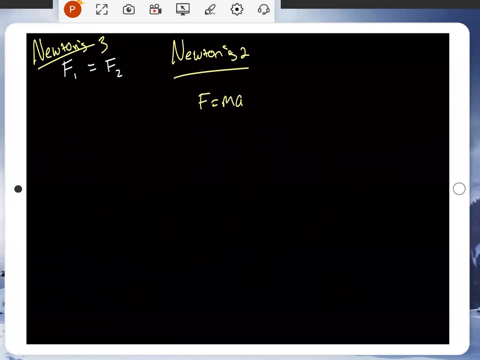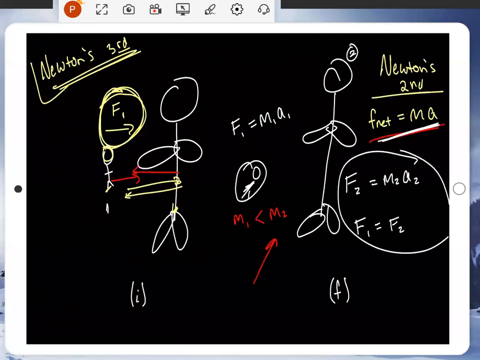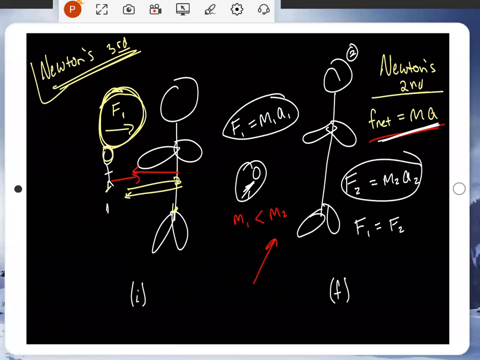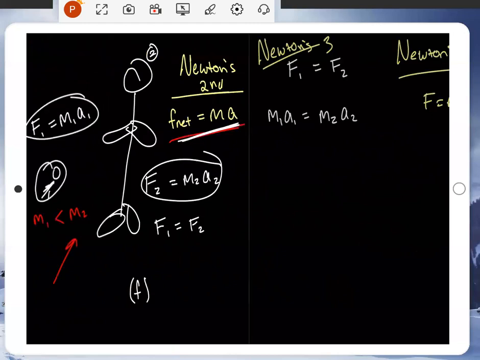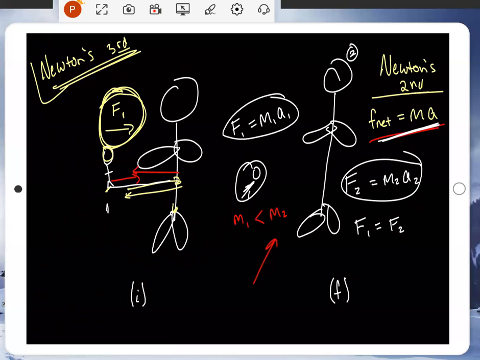And so if we take these two equations there, then we're saying that M1A1 equals M2A2. And remember, this is the original situation. They hit each other, and this little one pushes back on the big guy, and they experience that force. But because of Newton's third law, the big guy exerts the same force.